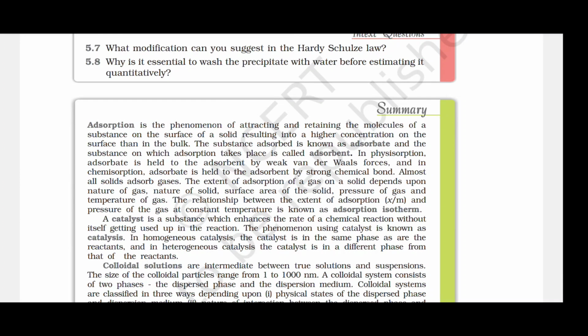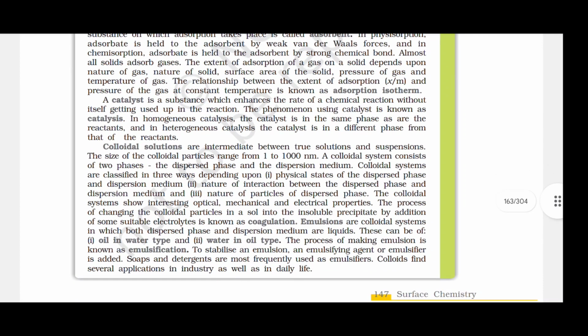In homogeneous catalysis, the catalyst is in the same phase as the reactants, and in heterogeneous catalysis, the catalyst is in a different phase from that of the reactants. Colloidal solutions are intermediate between true solutions and suspensions. The size of the colloidal particles ranges from 1 to 1000 nanometer.